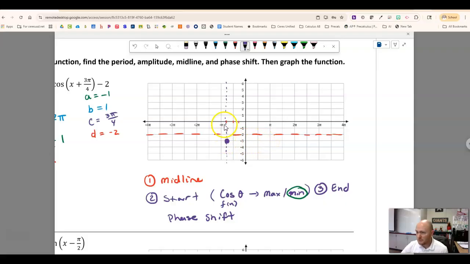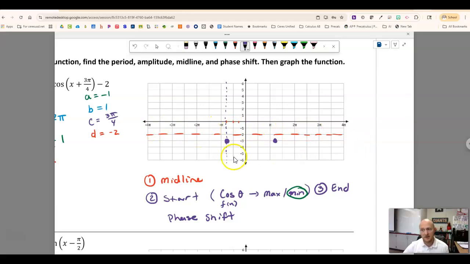From pi to here, that would be 1 pi. To another pi, that would be 2 pi. Notice how I'm a half a unit in front of pi, right? So from here to here would be 2 pi. That means I'm going to end right here.